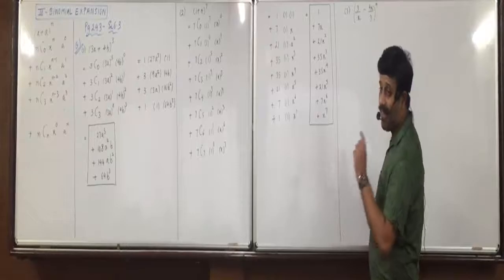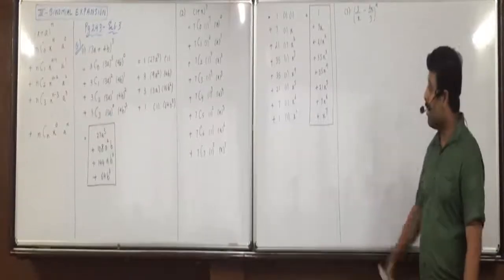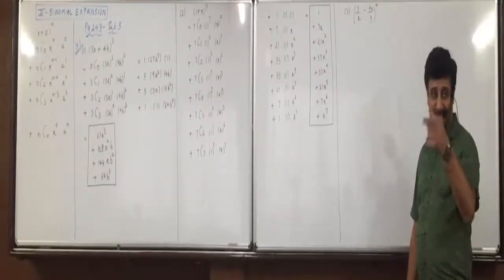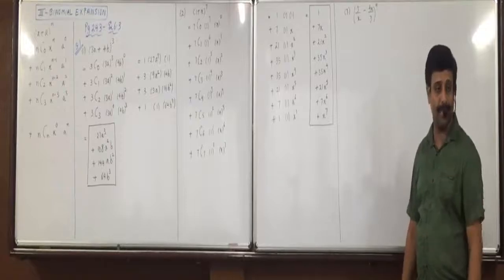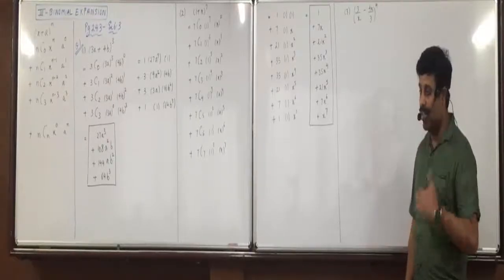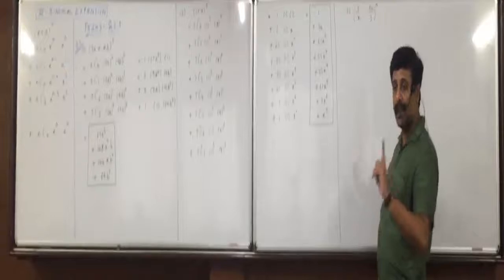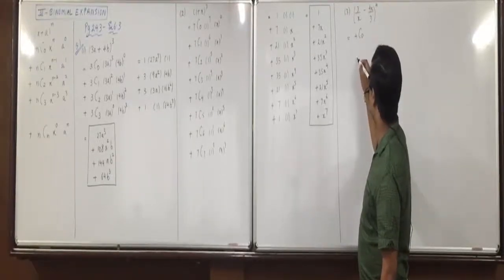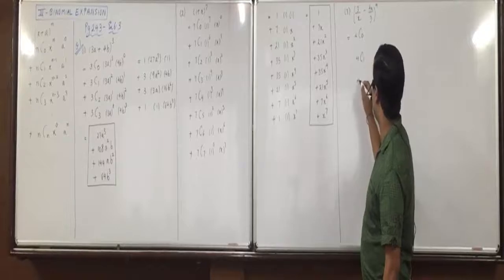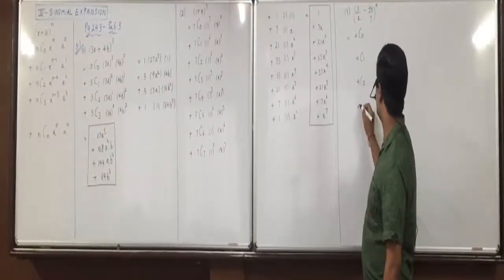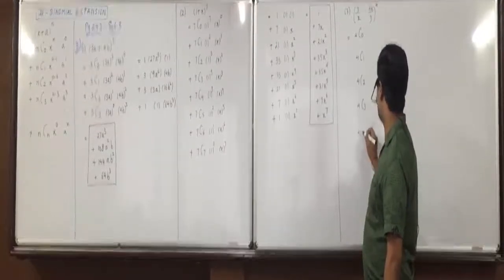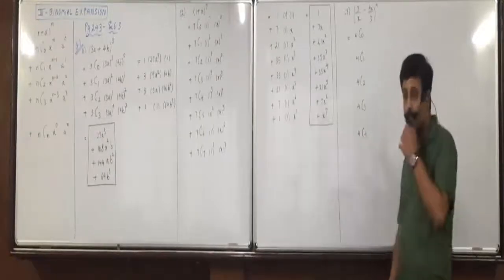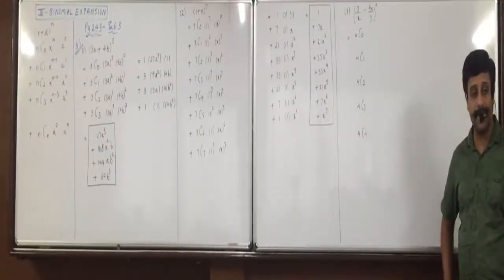Now see, whenever you have a fraction in the bracket, write these values leaving one line each, because everywhere we will write fractions. So write all the coefficients leaving one line each. Means 4C0, then leave one line, 4C1, then leave one line, 4C2, 4C3, leaving one line, 4C4. Did everyone understand this?